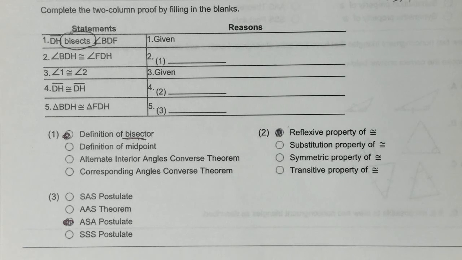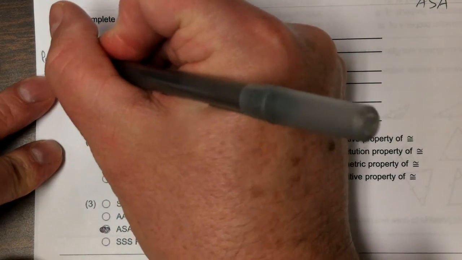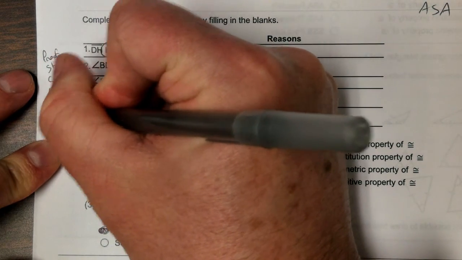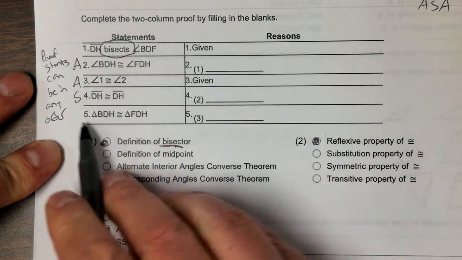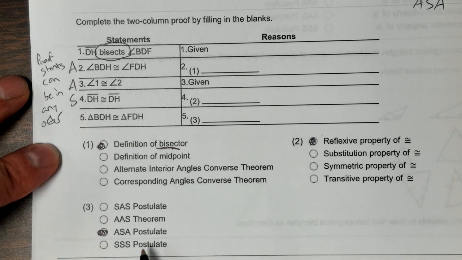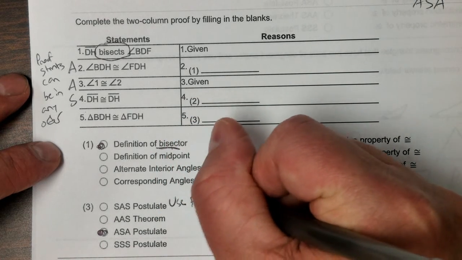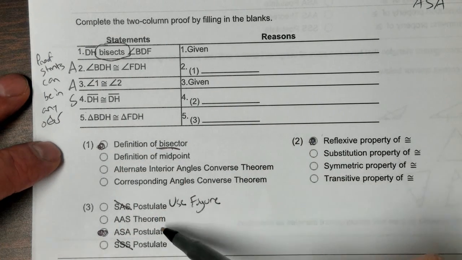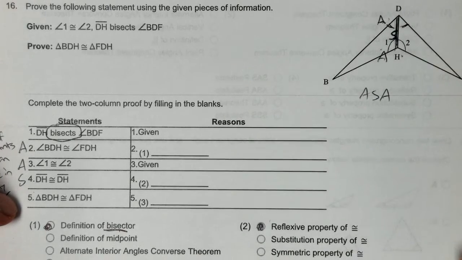Now, don't make this mistake, because proofs can be in any order. Proof statements can be in any order. Just because this is AAS doesn't mean that it's AAS theorem. So basically on this, use the figure, and we know it's not SSS or SAS, and based on the figure, it's got to be ASA.